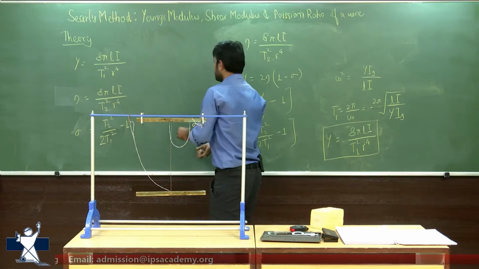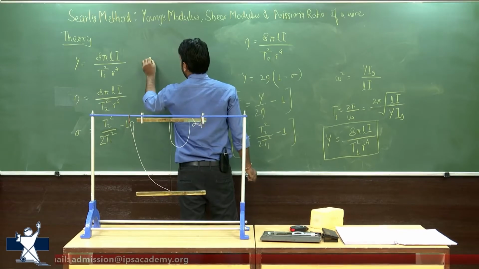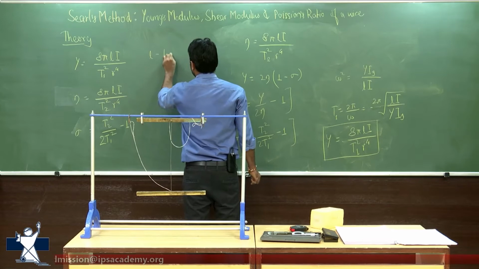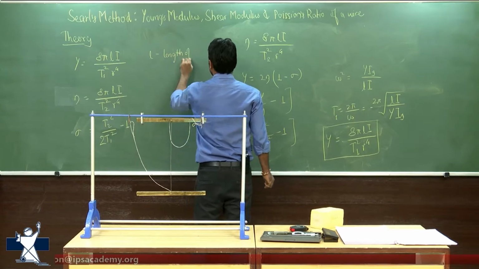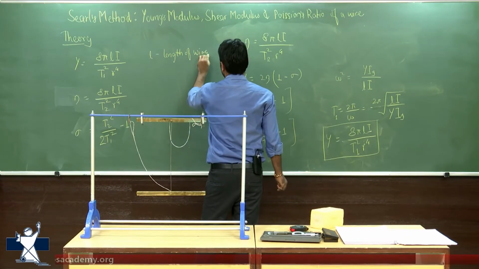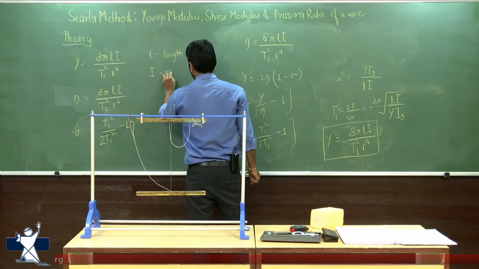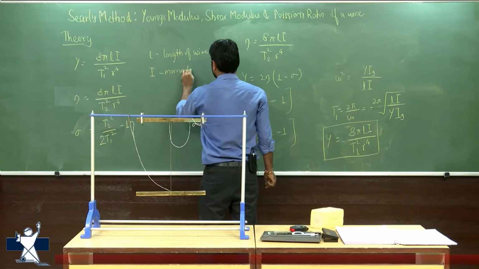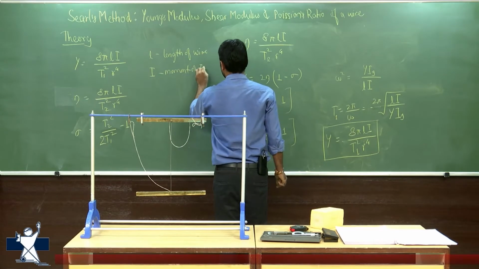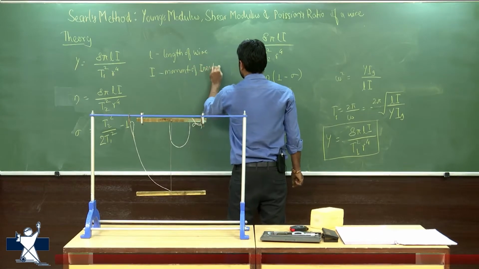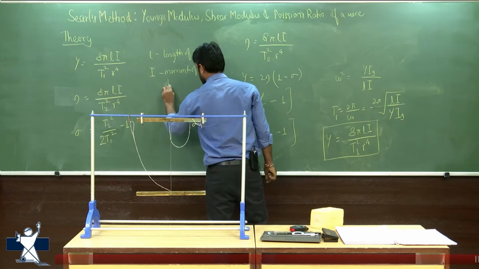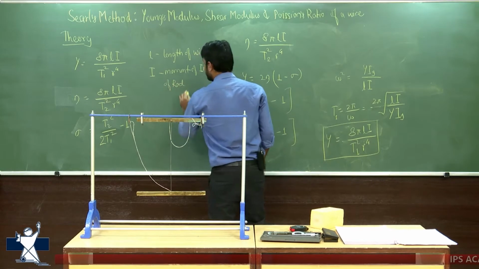So here, let's say L is the length of the wire, I is the moment of inertia of the rod. So both rods are identical.